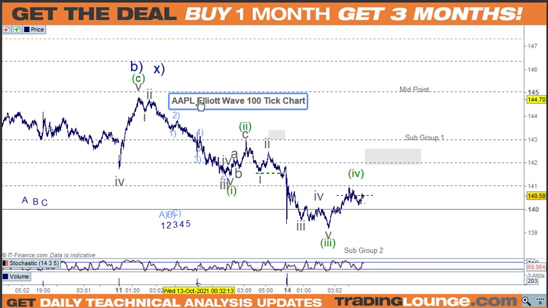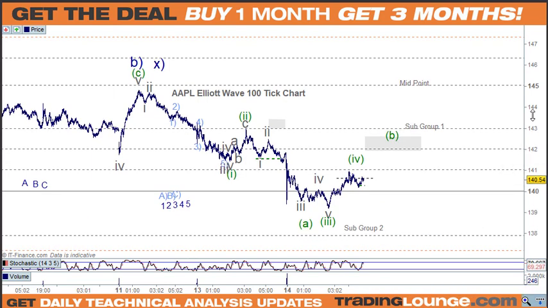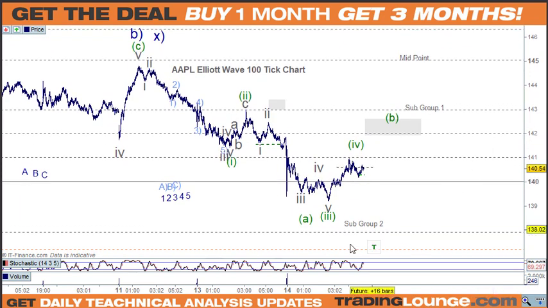I'd need to change that to that. I would need to look at this as an ABC pattern here for the A wave. I'm just thinking outside the box, guys, that's all. Just looking at things, and a B wave to that point. So I wouldn't call a low in for Apple, unless I was on top of group 1 of 140 here at 143.